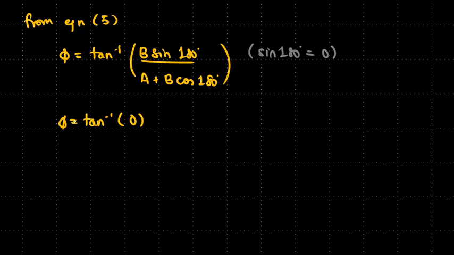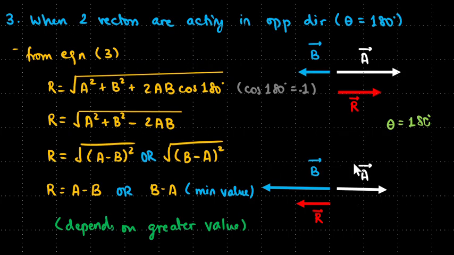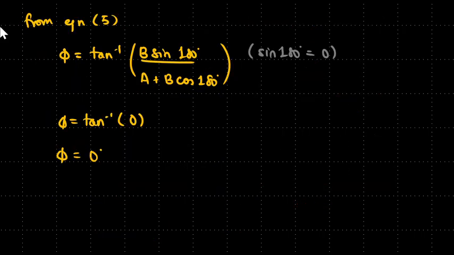So a question arises. We also got tan inverse 0 when we were talking about when they were acting in the same direction, so when they were 0 degrees. So what you would think is their answer will only be 0 degrees. But since the subtraction actually leads us to a true result, we must also take the other possibility, that this could also be 180 degrees, since tan inverse 0 can also lead to 180 degrees.